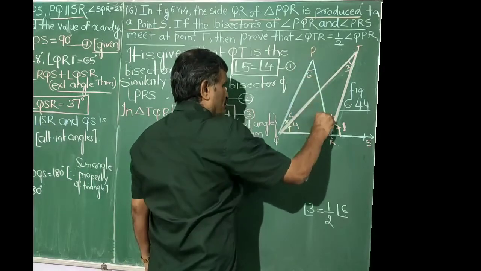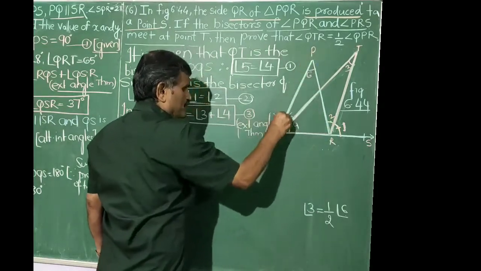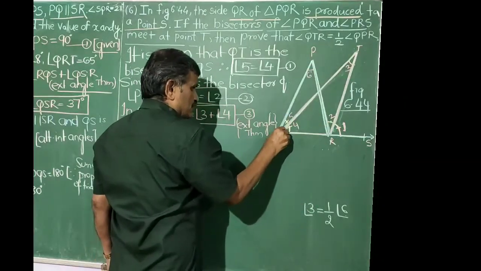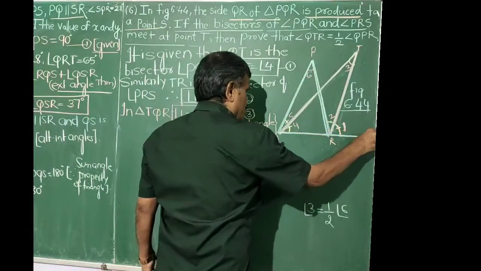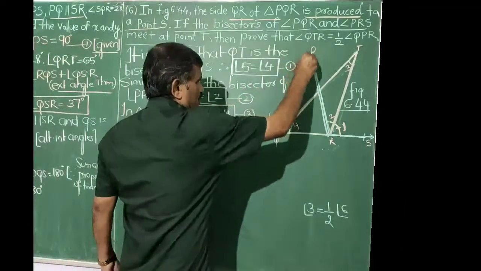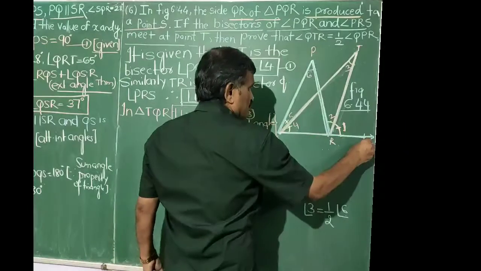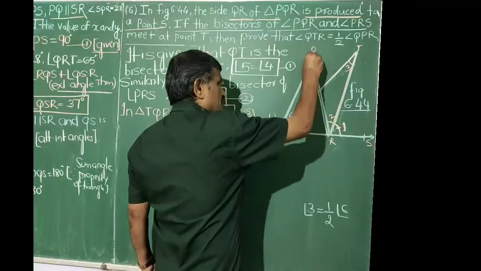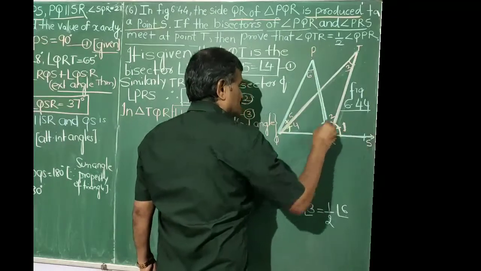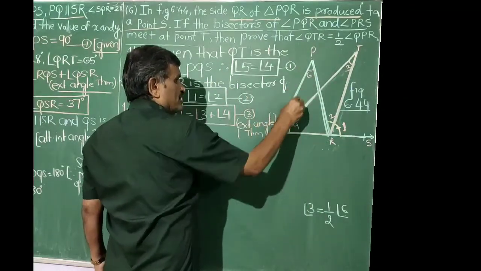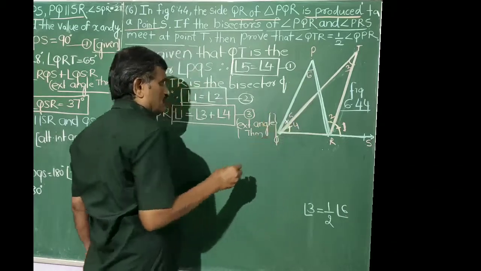I am talking about triangle PQR. I am talking about this triangle PQR. In this triangle PQR, this is the exterior angle, that means PRS, and this plus this is the sum of the interior opposite angles.